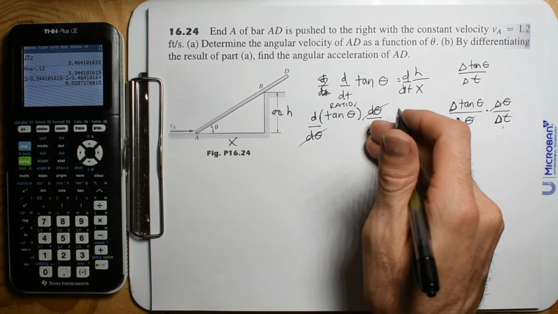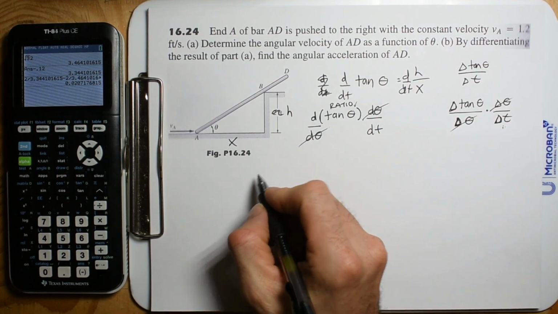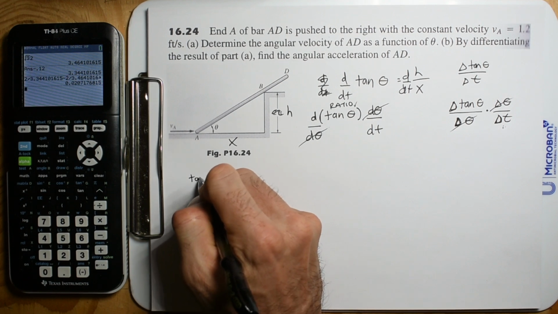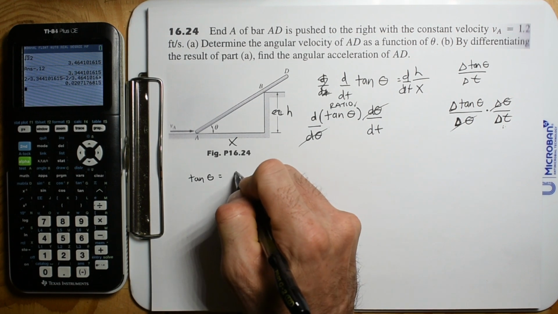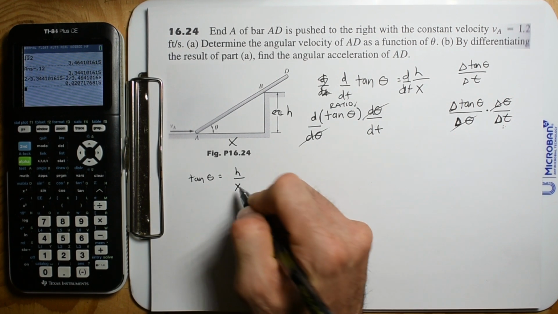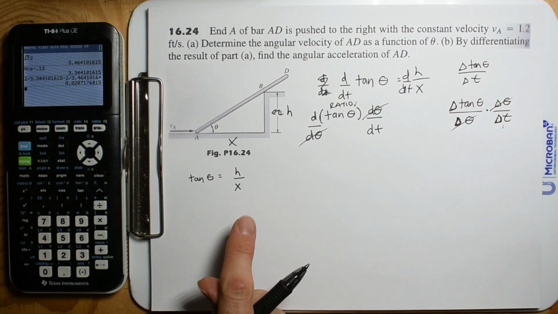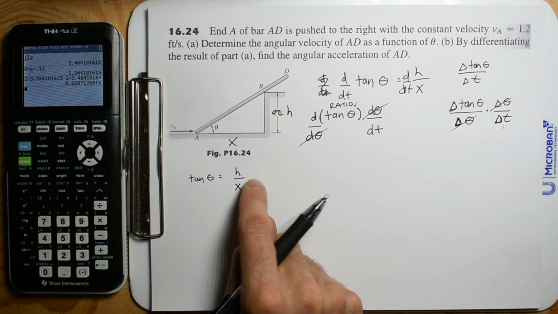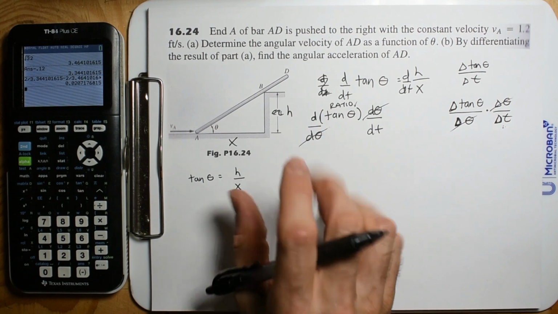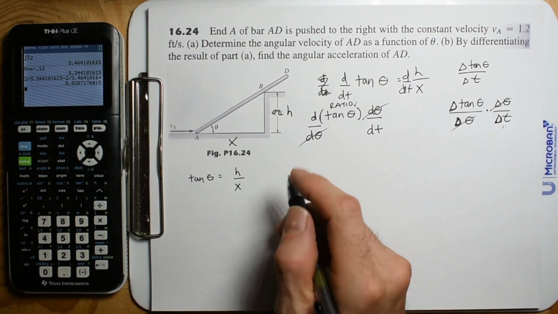Alright, hell yeah. So this is this side. Let's do it to the other side. So again, we're going to have tangent of the angle is equal to h divided by x. Now here's the other thing that's going to be very useful. Anytime that you have a quotient, let's try to get everything just upstairs as a product. Cool, so let's do that.